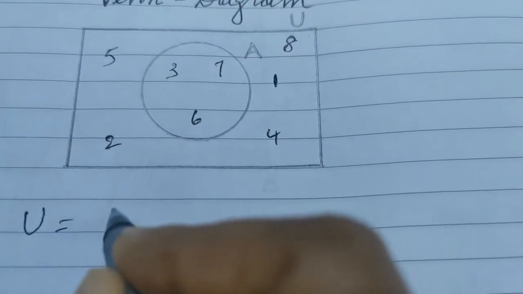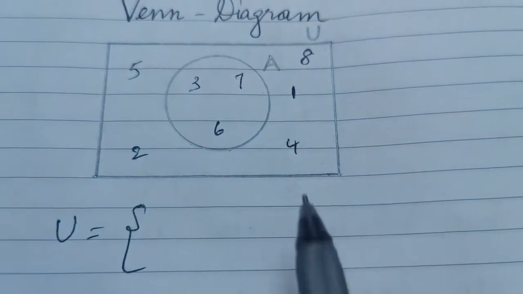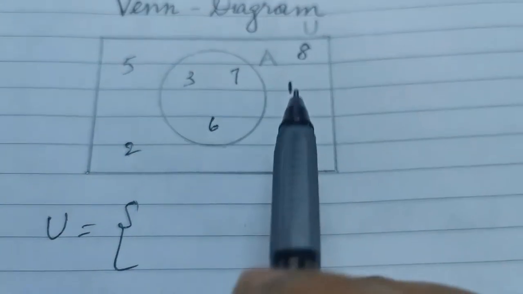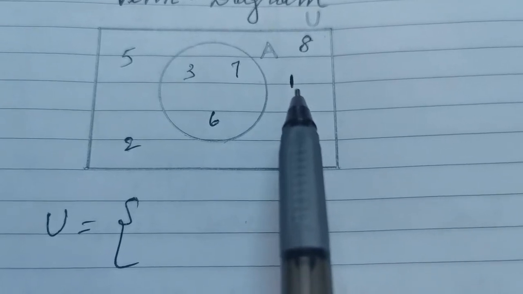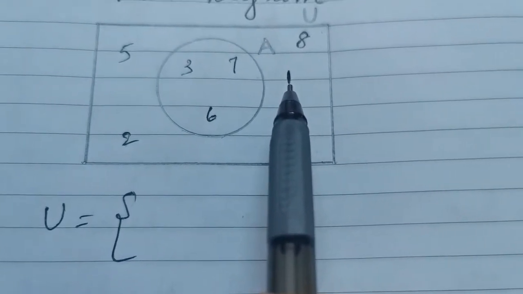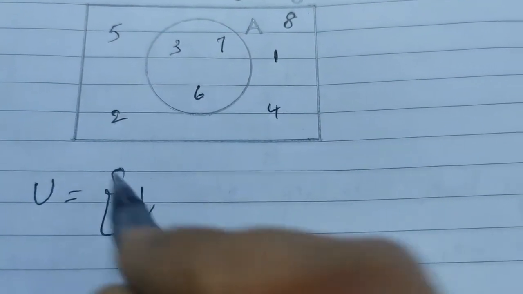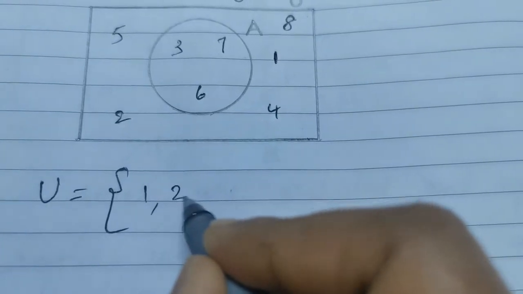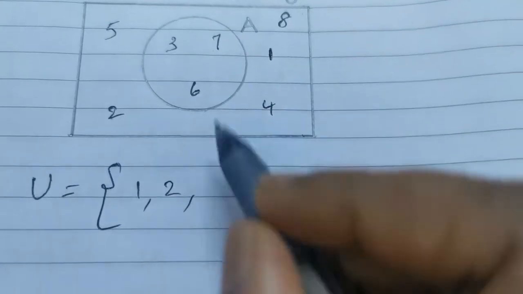To list out the elements of the universal set, we will list them in order, starting from the smallest number 1, next 2, 3.